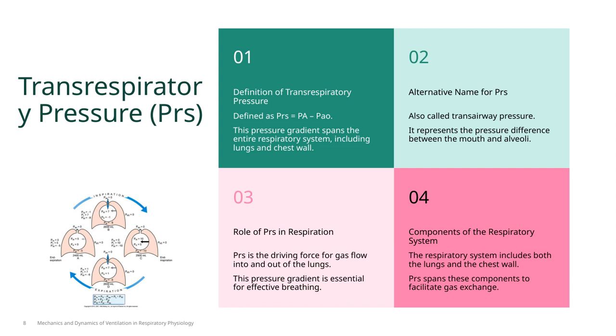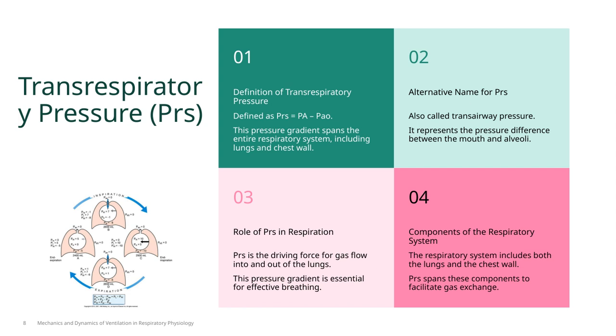The role of PRS in respiration is essentially as the driving force for gas exchange. Without this pressure difference, airflow would not occur effectively, making it a critical component for proper breathing. When we talk about transrespiratory pressure, it's helpful to remember that it includes the entire pathway from the mouth to the alveoli, encompassing both the lungs and the chest wall.